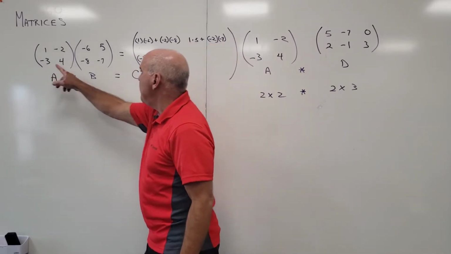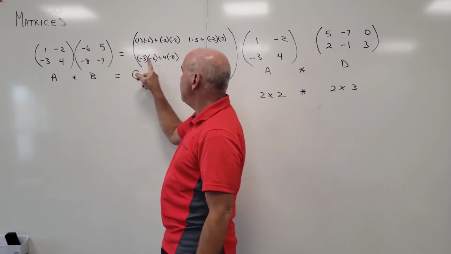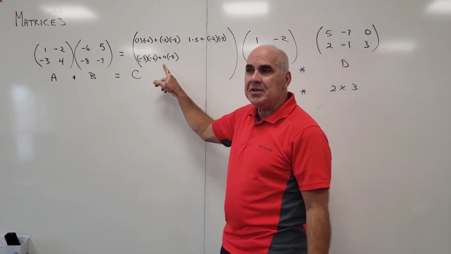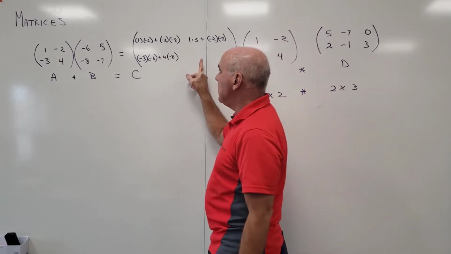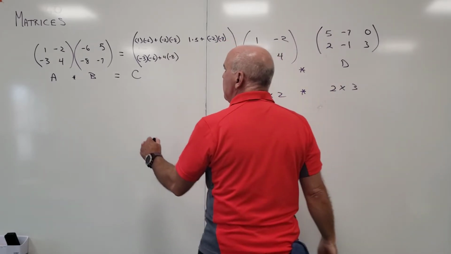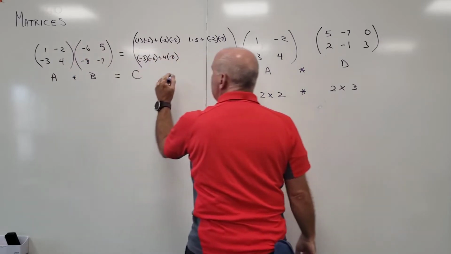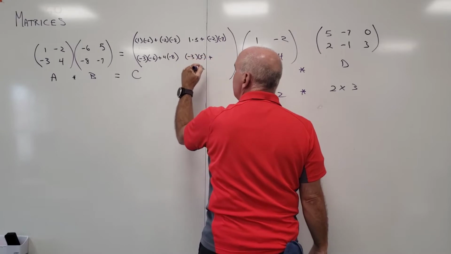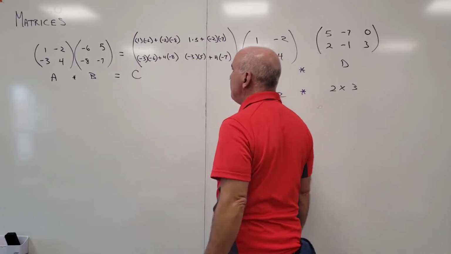Okay, so that's the first element in the second row. And then row 2, column 2, that's -3 times 5 plus 4 times -7.